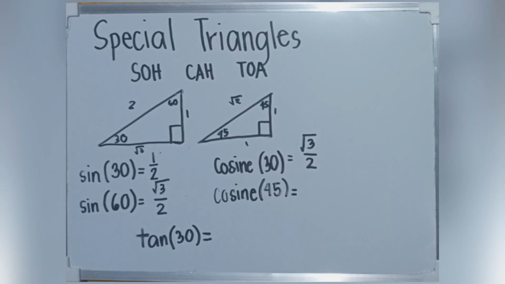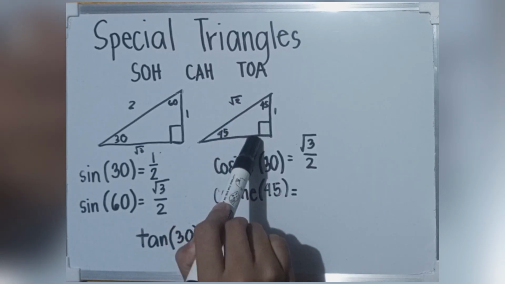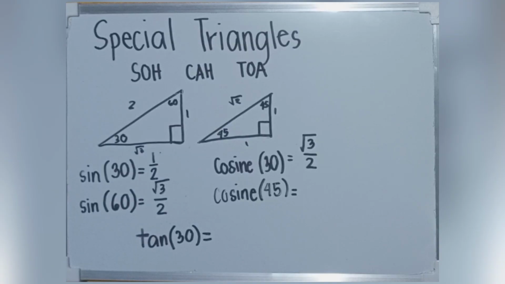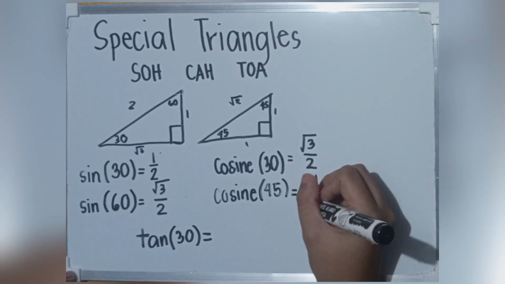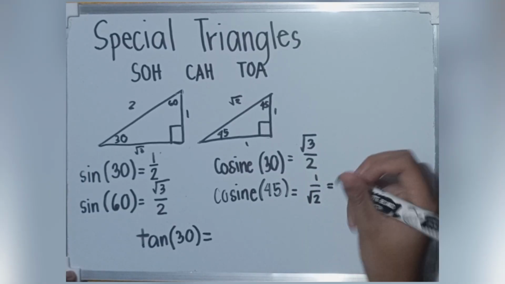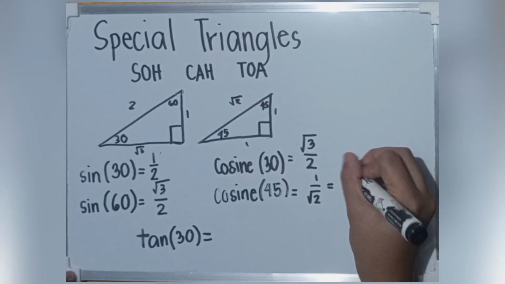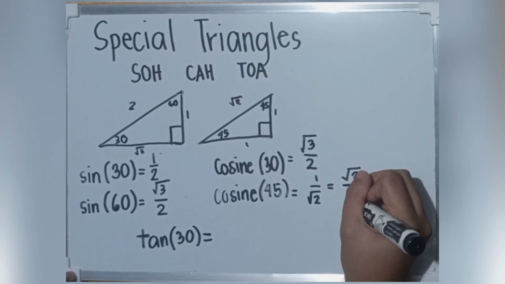And for the cosine of 45, the adjacent and the hypotenuse of cosine 45 is 1/square root of 2. But it is written as square root of 2/2.